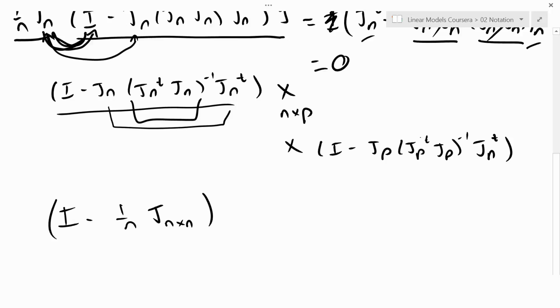So that's the form of what that matrix looks like. It's the diagonal matrix of 1s, minus a matrix of all 1s pre-multiplied by 1 over n. And that's the matrix that, multiplying any vector or matrix on the left, will center the columns, and multiplication on the right will center the rows.